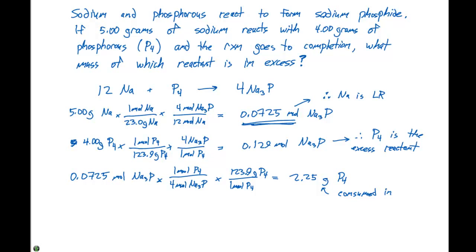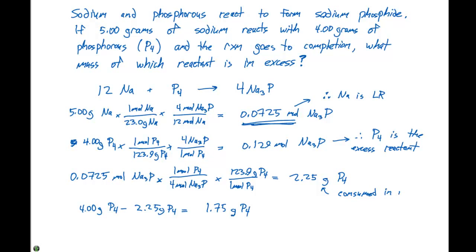So we're going to take our initial value, the 4.00 grams of the P4. We're going to subtract from that 2.25 grams of P4. That gives us 1.75 grams of P4.